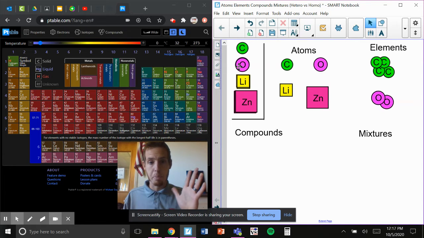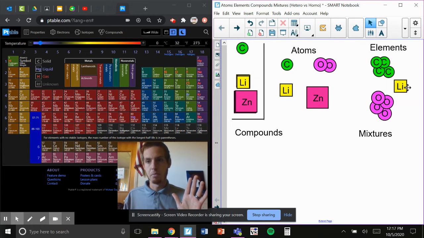And oxygen is normally paired up. So I'll put it through there. It's normally O2. Some of you have seen that before. So I'll group that together before people yell at me about that. Lithium would be a bunch of other lithium atoms. And as you can imagine, the same with zinc.